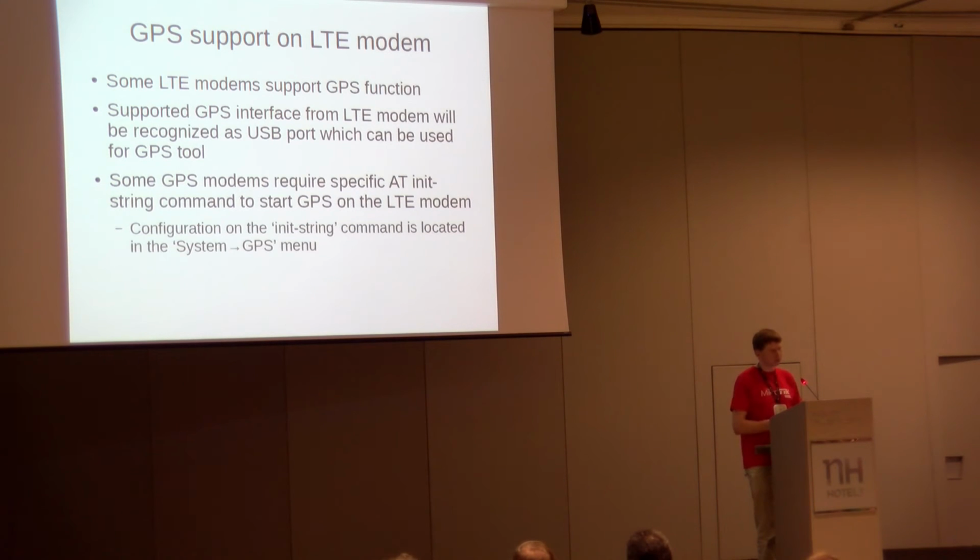So it means that if you have such a modem and you plug it into the router, you will have the LTE interface and an additional USB port appears, which you can use manually, just opening the serial terminal and reading NMEA output, or you can install the GPS package from our webpage and use the system GPS menu where you can monitor your coordinates, speed, altitude, how many satellites you see, all done from RouterOS.